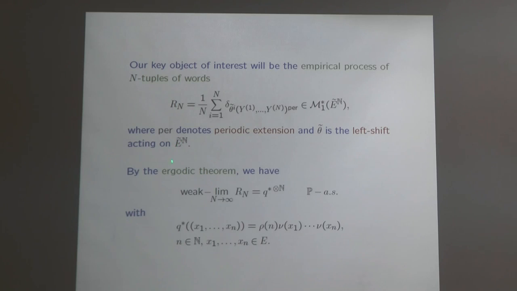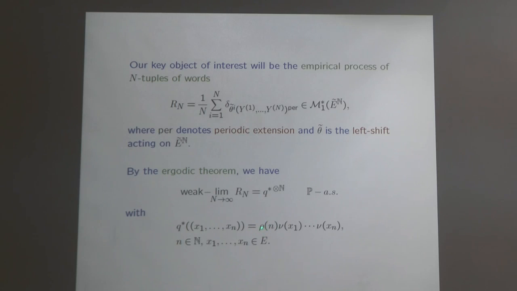Okay, now by the ergodic theorem, it is very easy to prove that this quantity has a weak limit. It will actually converge to the law of the whole word space, on the typical law. And what is that? Well, how do you construct the first word?